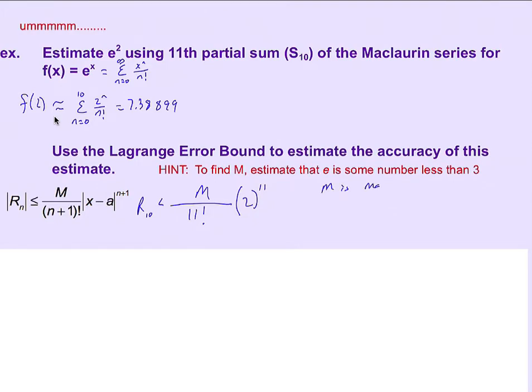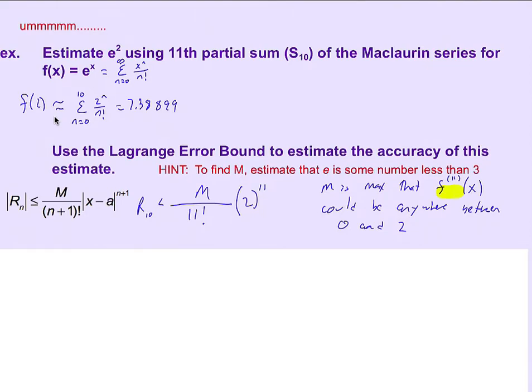M is the maximum amount that the 11th derivative of f could be anywhere between 0 and 2.